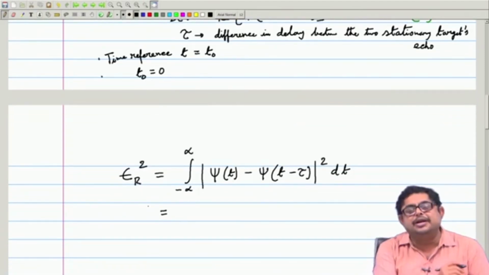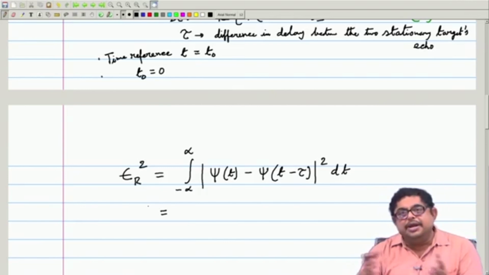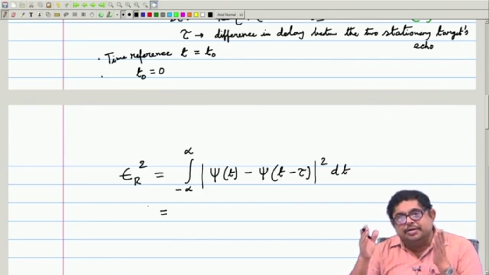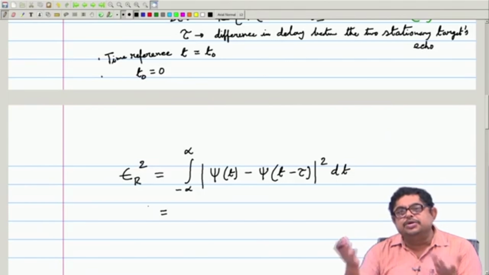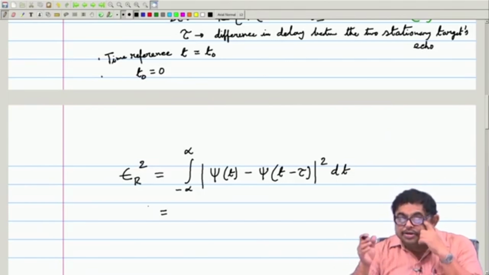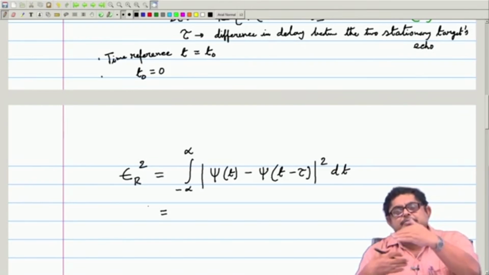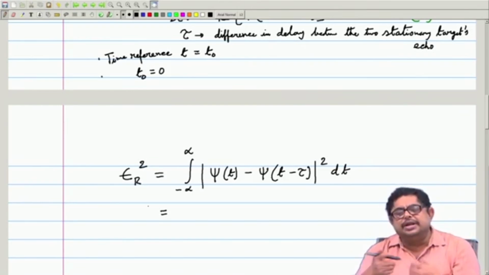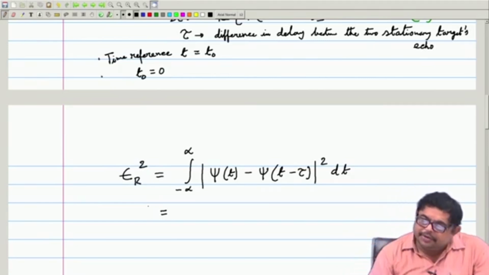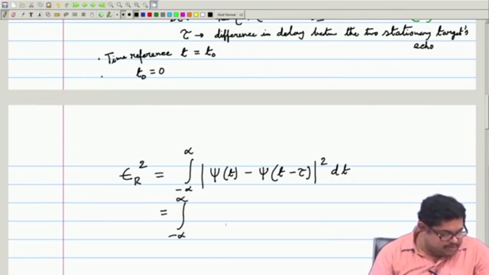This is one of the measures people found: in the pre-envelopes, take the magnitude of the difference, and then square it, because which one is larger we do not know. So, let us square them and integrate for all time, and then if that error is below a threshold, you can say they are the same, coming from the same target, and obviously, if they are from different targets, then the error will be substantial. So, that is okay. Let us now manipulate this.